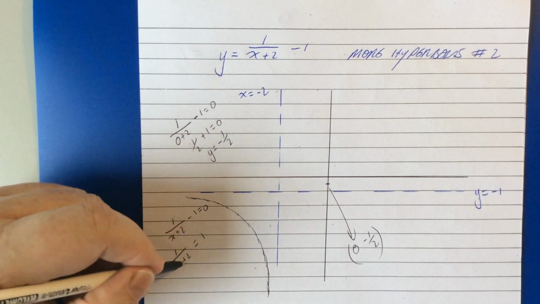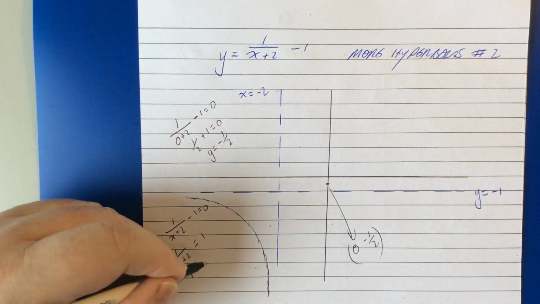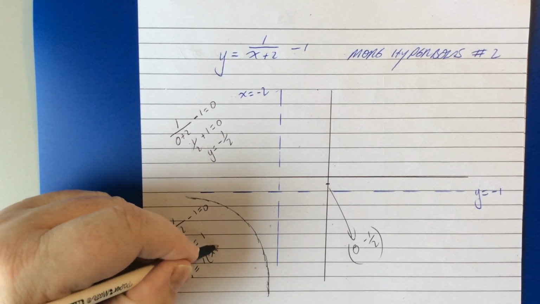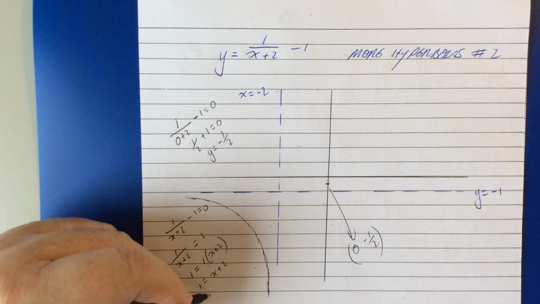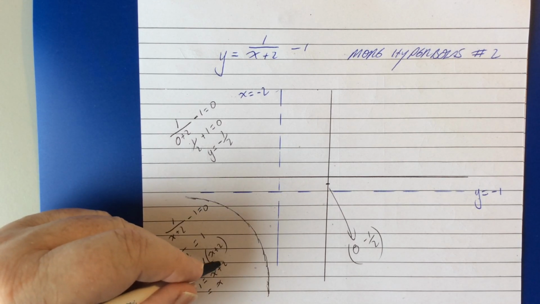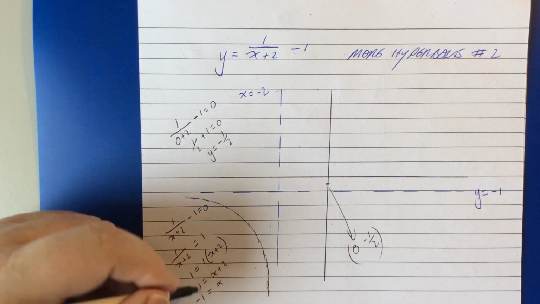I'm going to multiply both sides by x plus 2 to get rid of this. So 1 is equal to 1 times x plus 2. 1 equals x plus 2. We'll take the 2 over here, make it negative. So x equals negative 1.